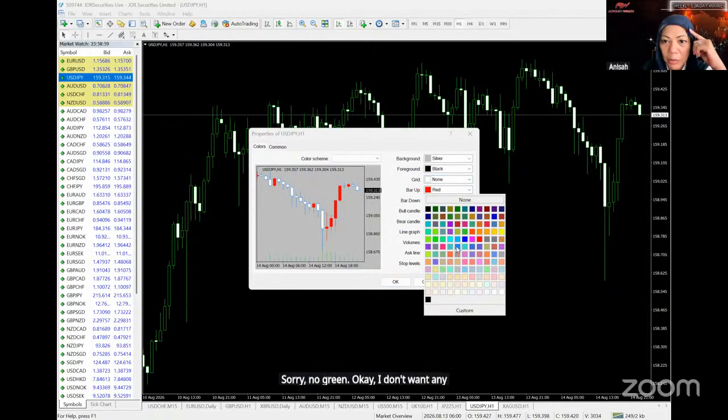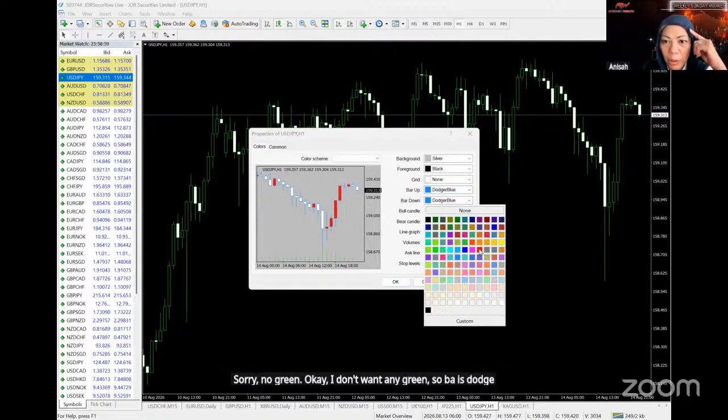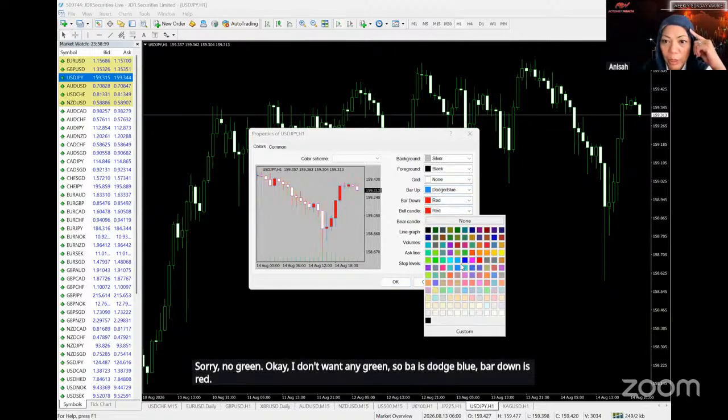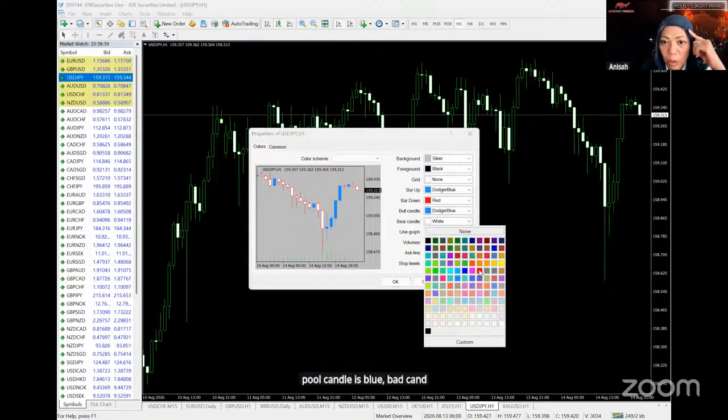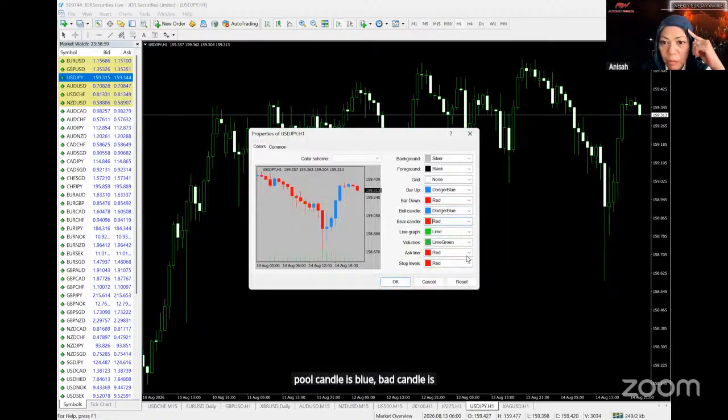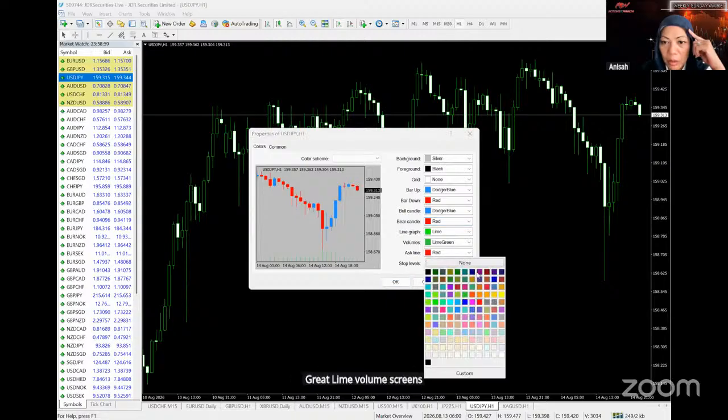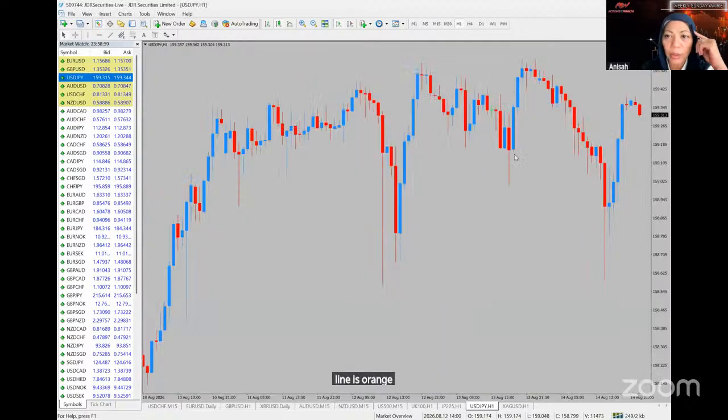So bar up is Dodger blue, bar down is red, bull candle is blue, bear candle is red, lime volume greens. Okay, US line is orange. Oh, gold.